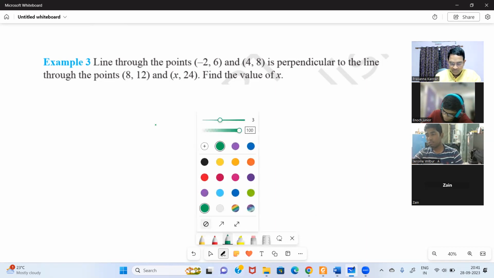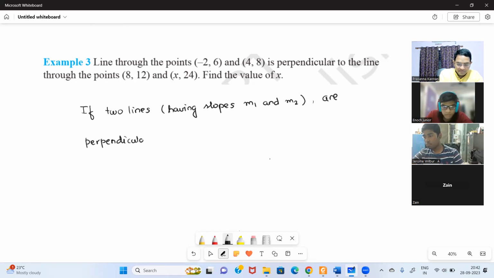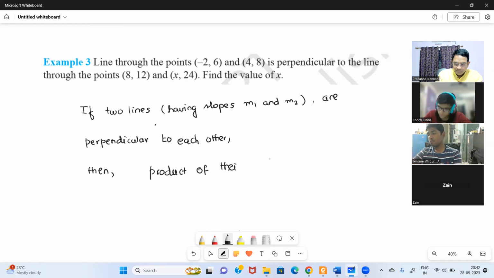So one idea I'll tell you. If two lines having slopes m1 and m2 are perpendicular to each other, then the product of their slopes is equal to -1, which means m1 into m2 is equal to -1.